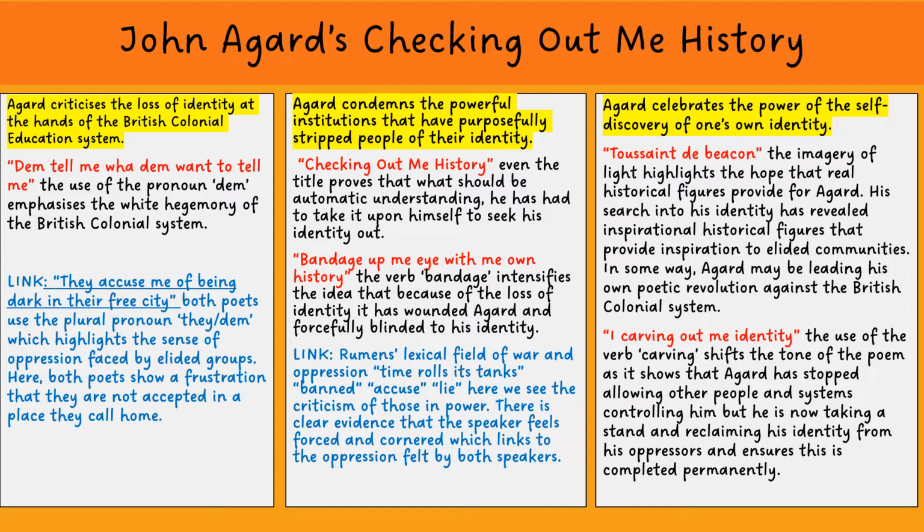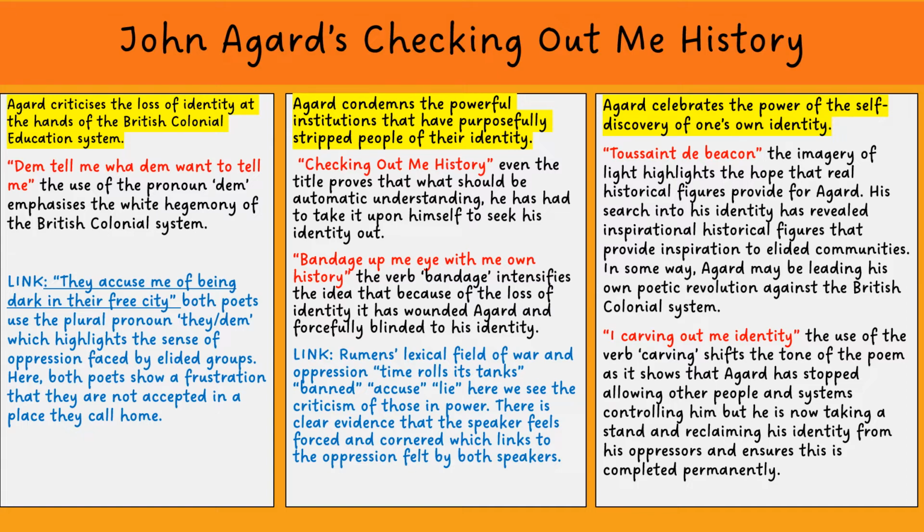So you've got those quotes there, "time rolls its tanks", so the tanks links to the war. You've got the words "banned", "accuse" and "lies", and what we see here is that Rumens is criticising those in power who have a hold over vulnerable members of society. There's clear evidence that the speaker feels forced and cornered, which again links to this idea of oppression by both of the speakers in both poems.